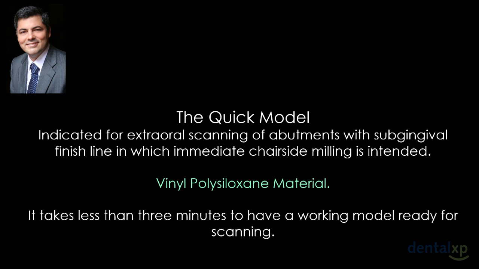The material that you're going to be utilizing is vinyl polysiloxane. It's been available for several years. It's Parkell. Are you familiar with Parkell? Parkell has a product called Mach 2 or Mach 3. It works very well. In 3 minutes or less, you're going to have a good working model ready for scanning.